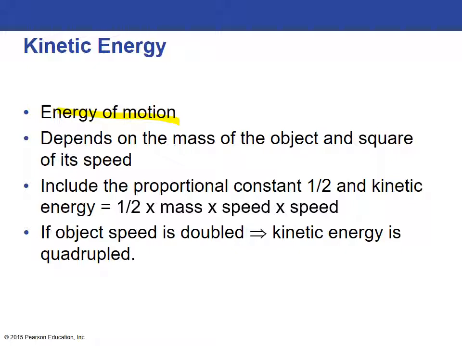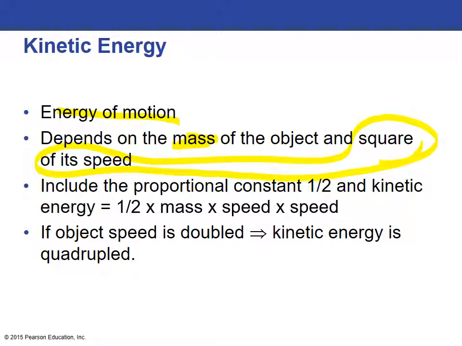The energy is a relationship on an object's mass, and not just its speed, but we square the speed. So there's a proportional constant of 1/2, and your equation, the thing that you'll need to remember, is that kinetic energy is the mass times the speed squared, so you multiply it by the speed again, divided by 2.